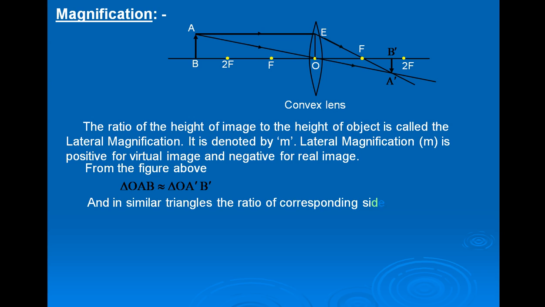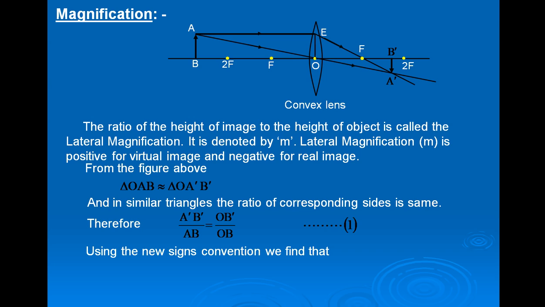And in similar triangles, the ratio of corresponding sides is the same. Therefore, A dash B dash upon AB is equal to OB dash upon OB. Put this equation number 1.